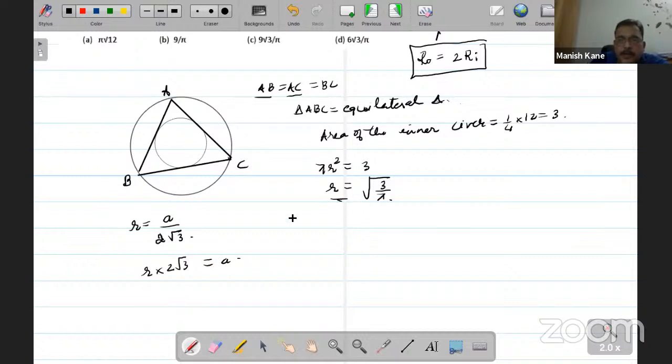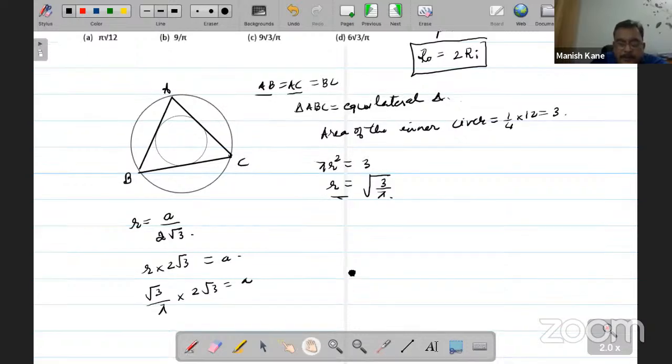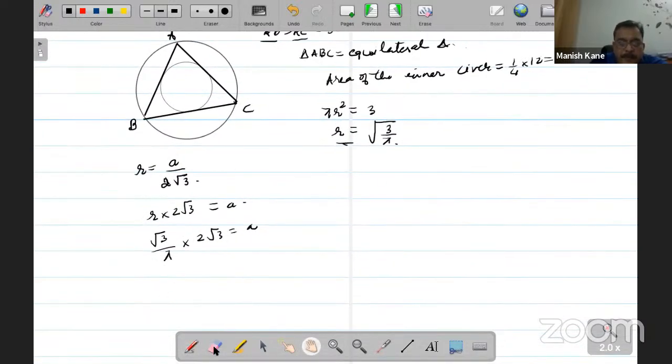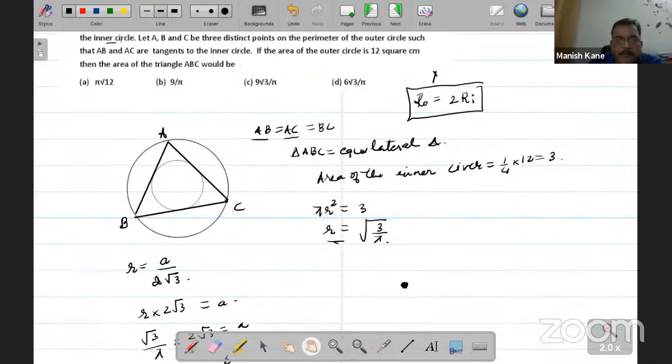Now just substitute r from here. Root 3 upon pi into 2 root 3 is equal to a. And what do you get now? You get a as 6 by root pi. But what do you have to find out?